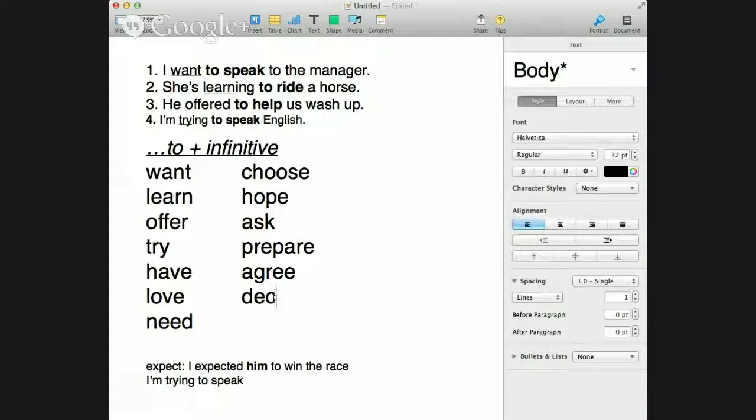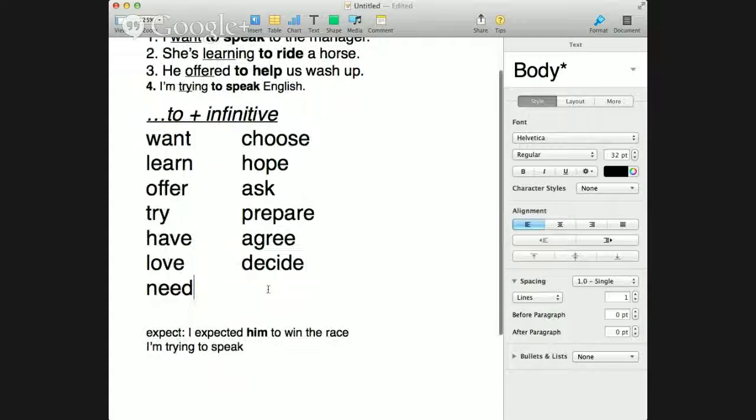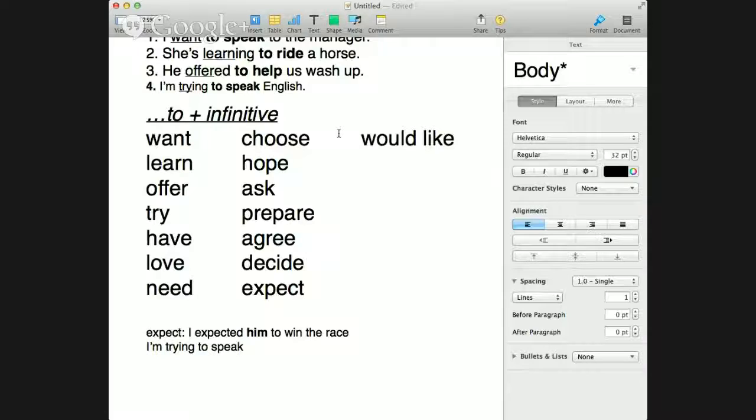Agree. Decide. Expect. Alright, now these are probably a list of ones I think maybe English students use quite often. Would like. Yep. Okay. Maybe this one too. Get. Or even forget.